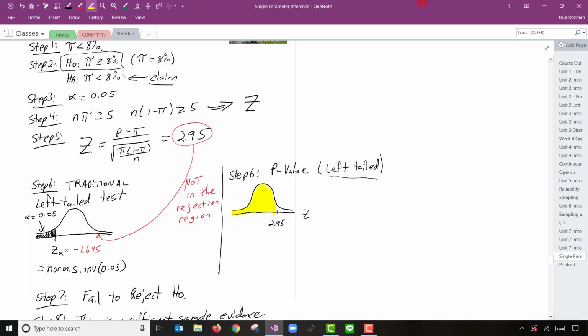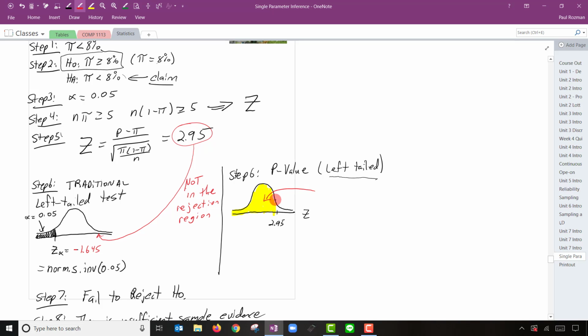When I wrote the definition for p-value, it was kind of vague, more extreme or less extreme than what you've observed. And I use the word extreme rather than bigger or smaller because it depends on which direction you're going. If you're headed to the left, you shade to the left. If you're headed to the right, you shade to the right. And if it's two-tailed, you shade a bit in the upper tail and a bit in the lower tail. So in this case, my p-value is the shaded region.